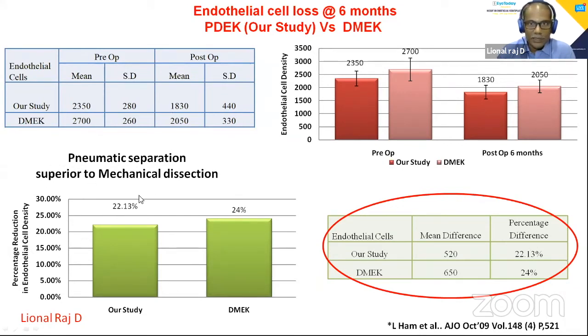And one study from Singapore National Eye Center with the new injector system claims it is less than this also. 20% is the cell loss following DMEC. So probably because of the injector systems, and probably because of the dissection of the graft tissue itself.